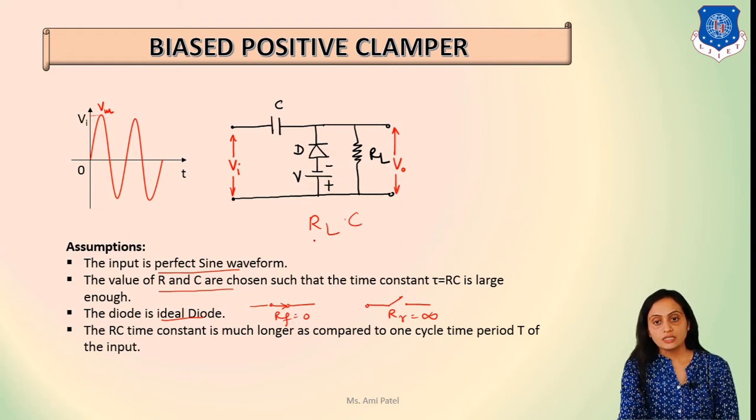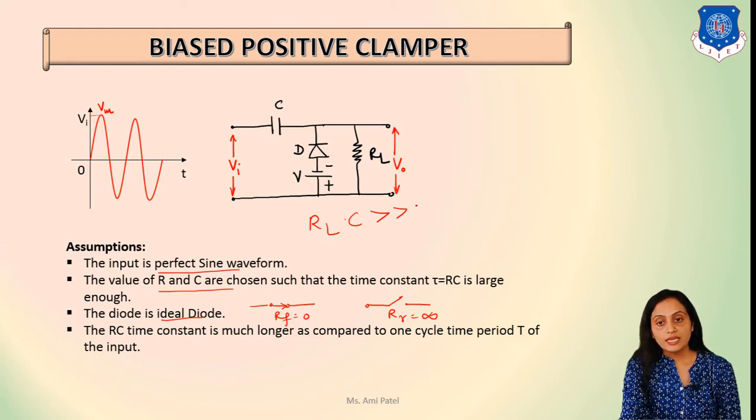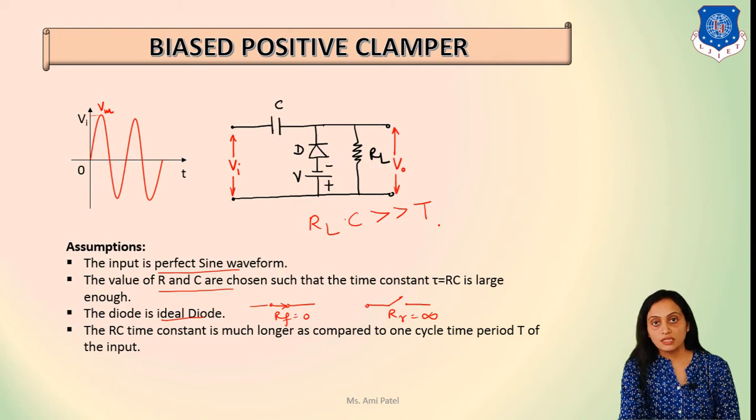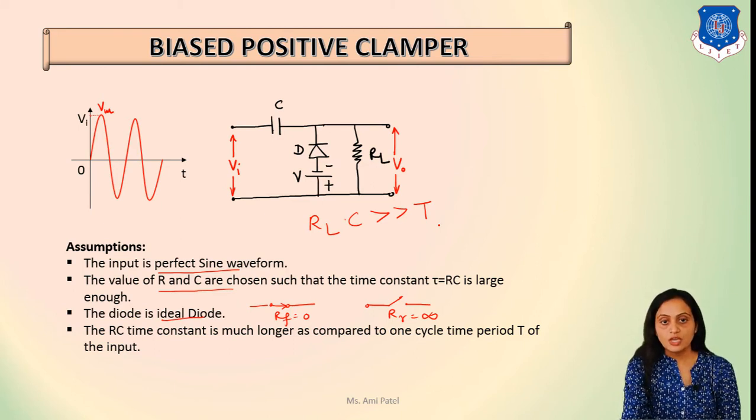RL into C, these two elements we choose while designing, should be such that this product, that is the time constant, is very high compared to the time period of the input signal being applied to the clamper circuit. So this is the input signal which we are applying to this clamper, and this is the time period.